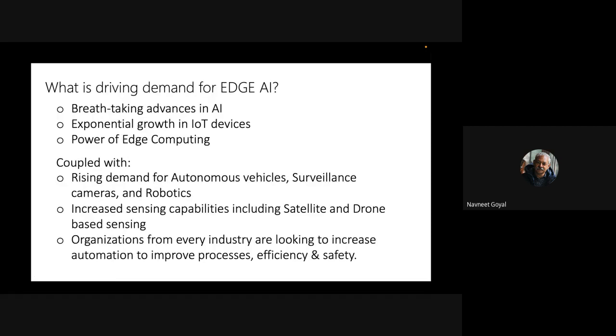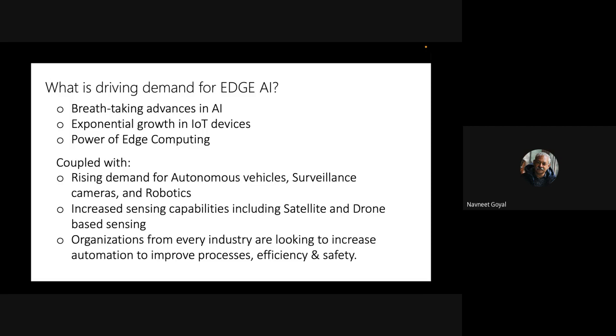So what is driving the demand for AI? There are three factors that are governing this. First is advances in technology like AI. There have been breathtaking advances in AI in the last decade or so, and exponential growth in IoT devices.